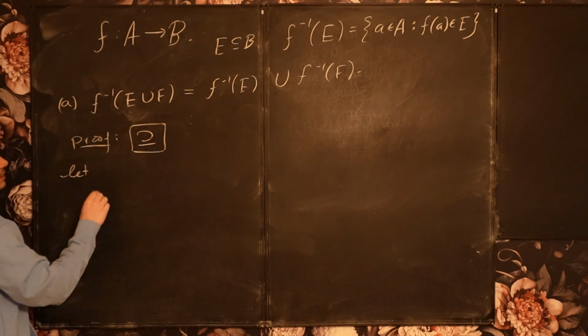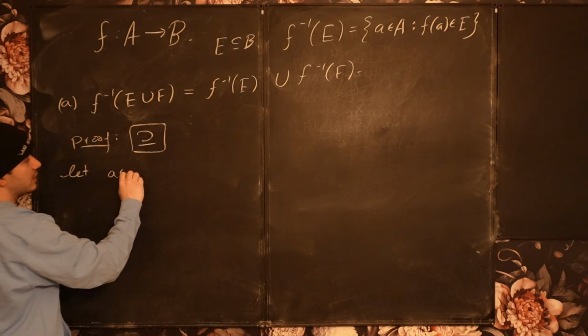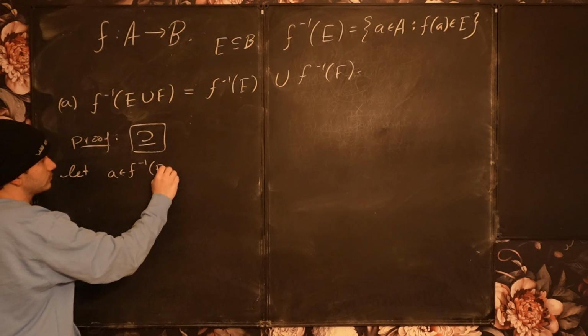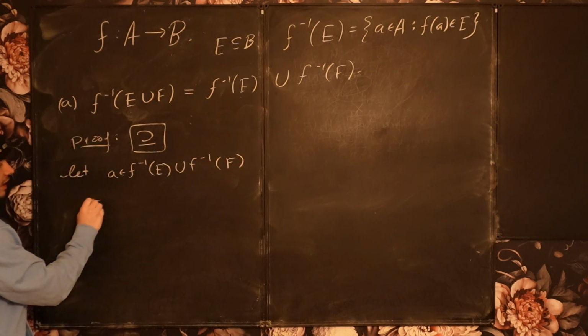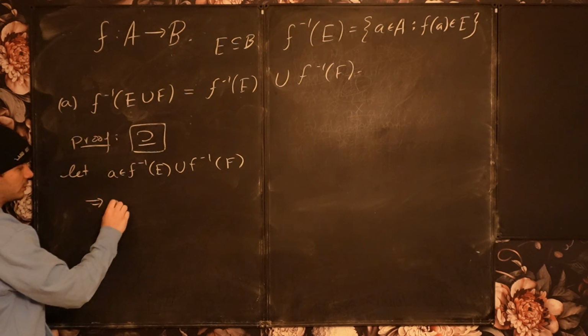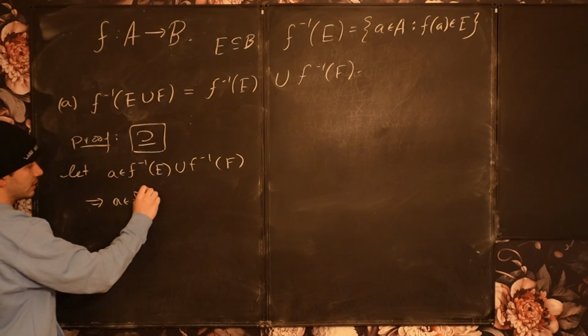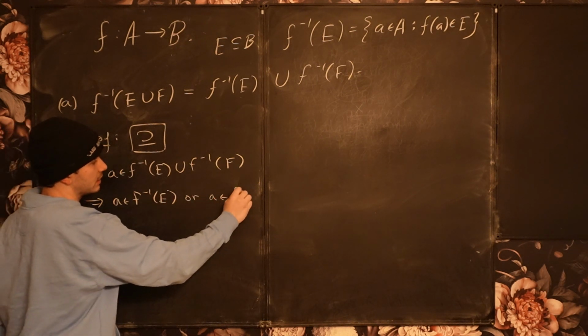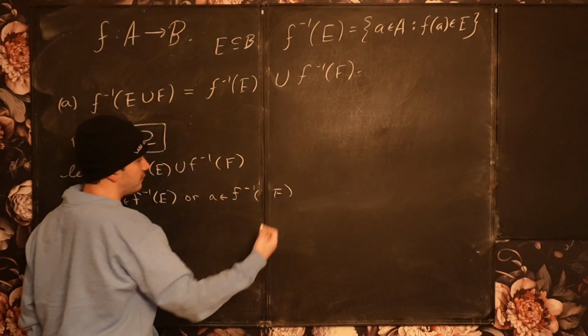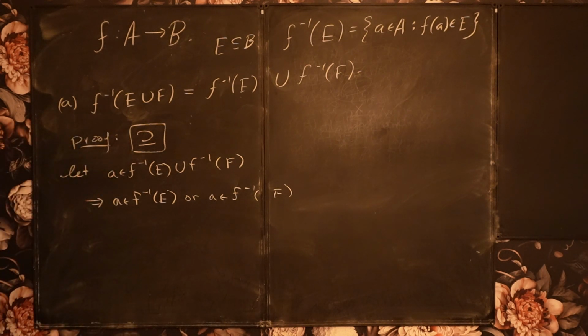Okay, so let a be within f inverse of E union f inverse of F. Then we know by the definition of the union that a is in f inverse of E or a is in f inverse of F. Okay?